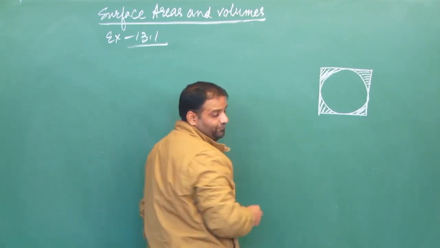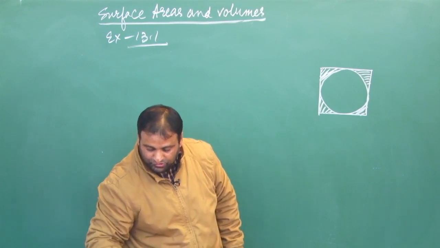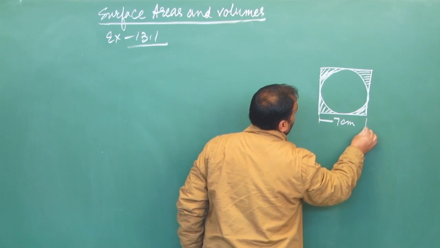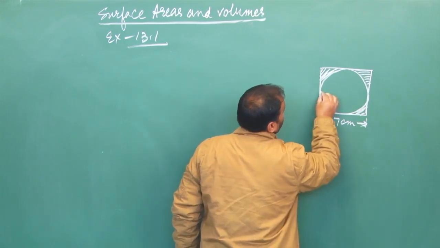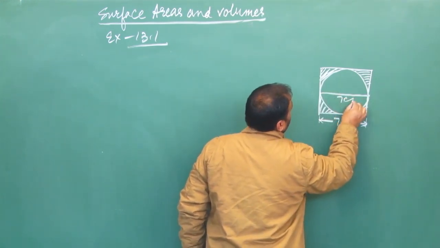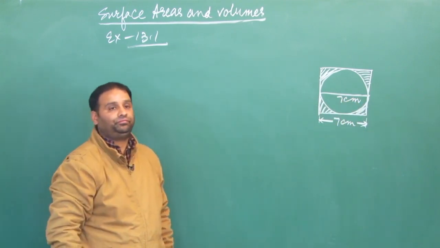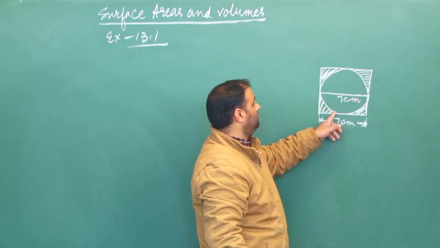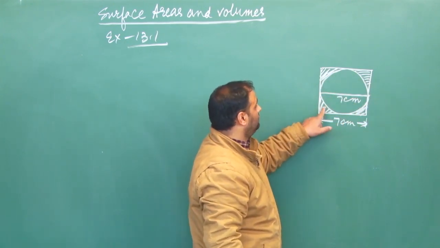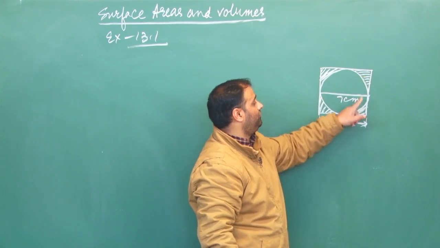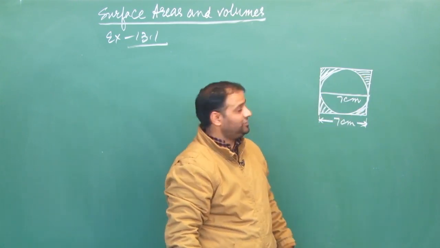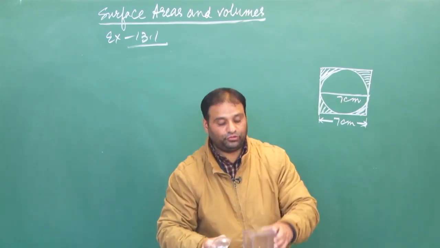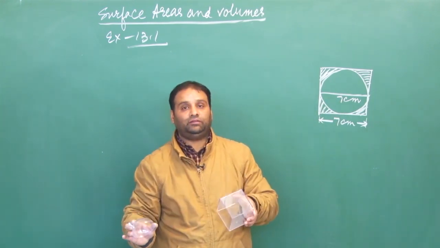If the side of the solid is 7 centimeters, then the diameter of the hemisphere is also 7 centimeters. So when you subtract the area of the circle from the area of the square, you get the area of the shaded portions.